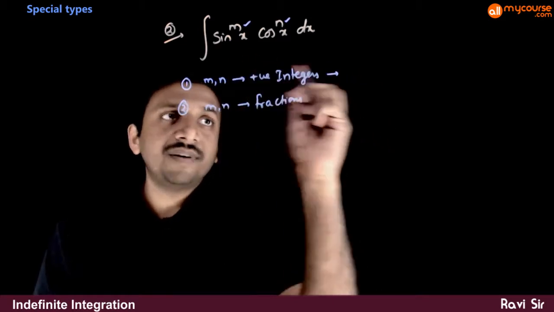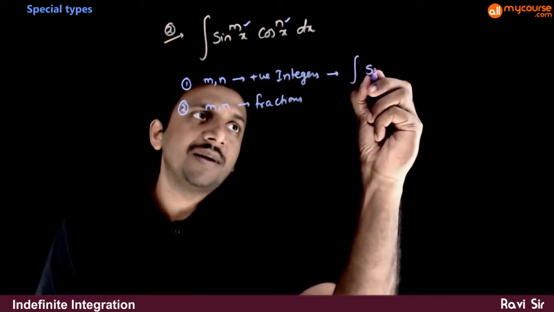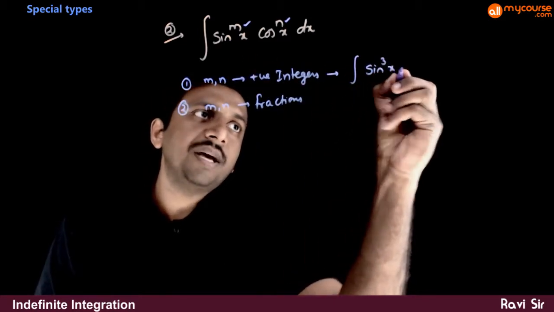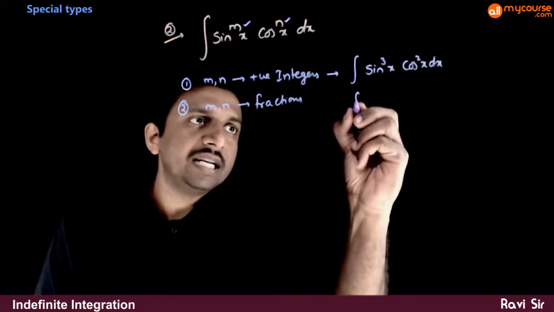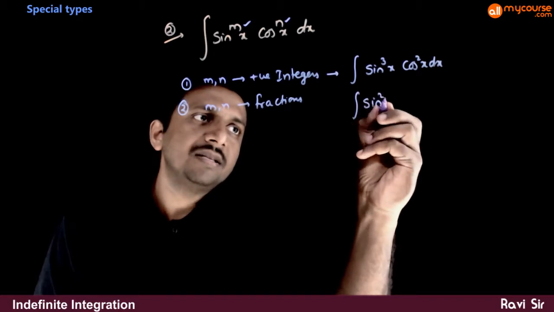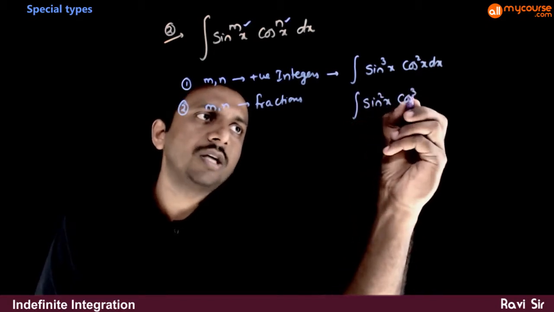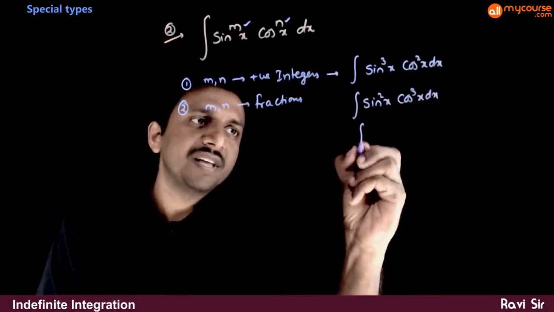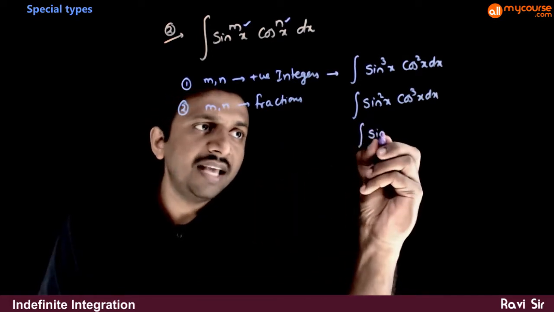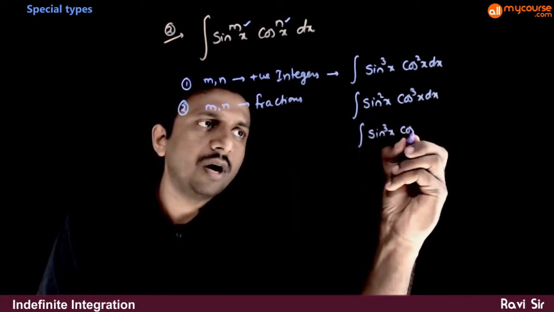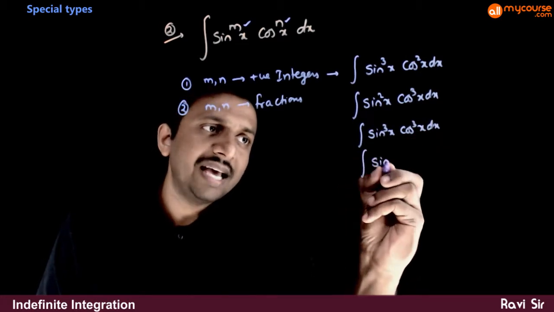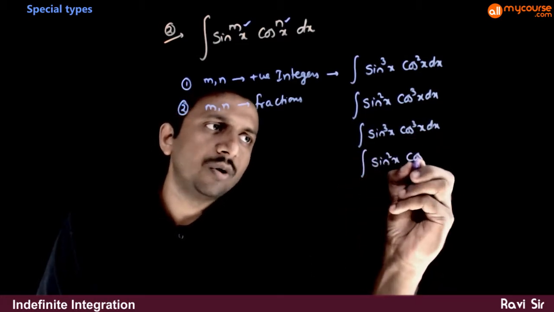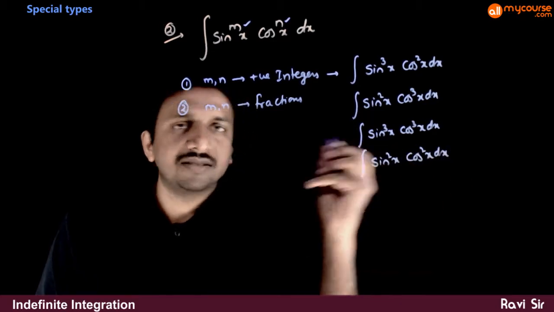It is first, integration of something like sin cube x into cos square x dx, integration of sin square x into cos cube x dx, integration of sin cube x into cos cube x dx, integration of sin square x into cos square x dx.